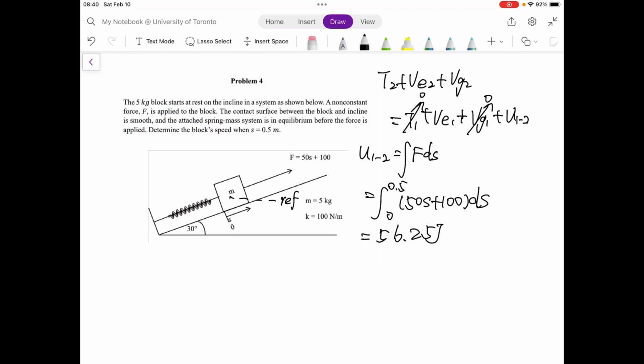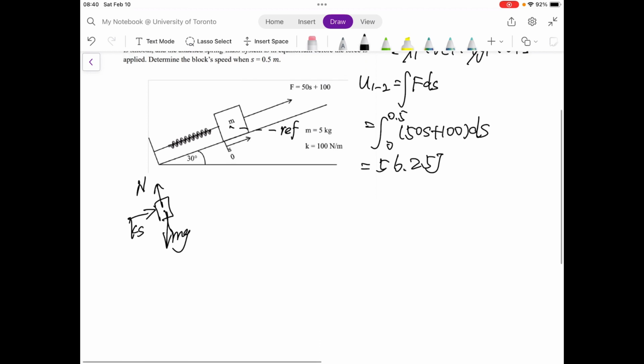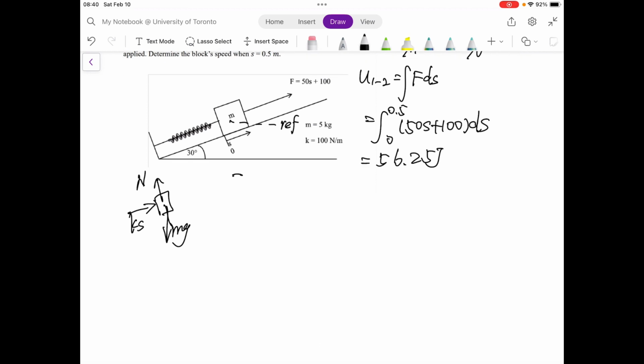And because the whole system is in equilibrium, we can do a free body diagram right here. Here's our normal force, here's our gravity, and here's our Ks. So the force in x direction is equal to 0, which is equal to Ks minus mg sine 30 degrees. So s is equal to 0.245 meter.